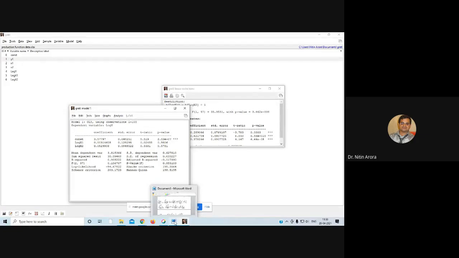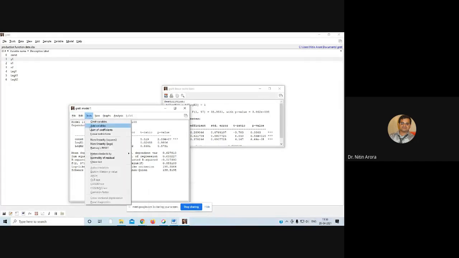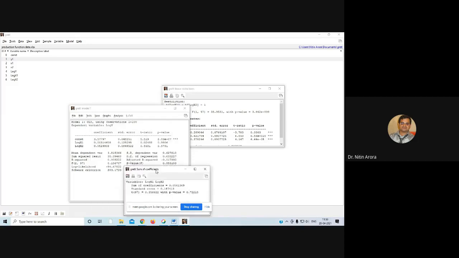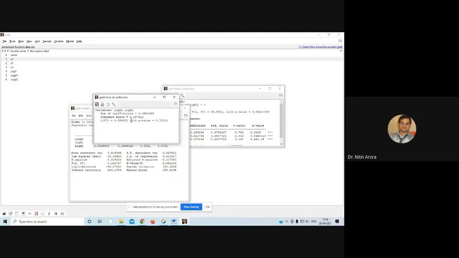Okay, sir. Are labor and capital jointly contributing something to output or not? We can observe from this test that the sum of the two coefficients is jointly insignificant. Probably these two inputs are not contributing anything. See, the p-value is 0.7215. So the sum is 0.05, approximately zero.